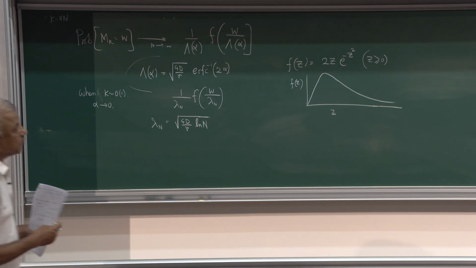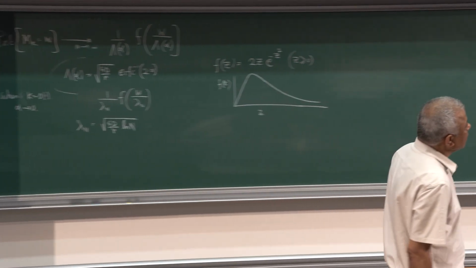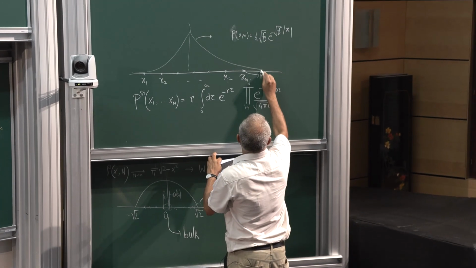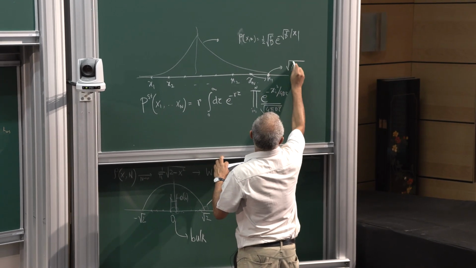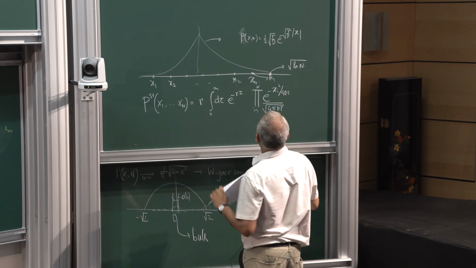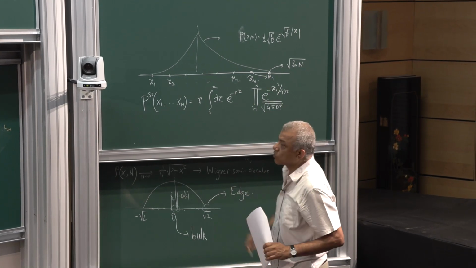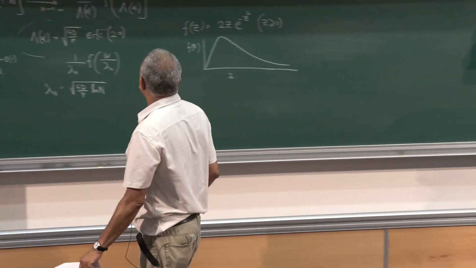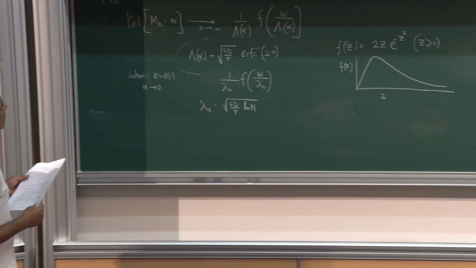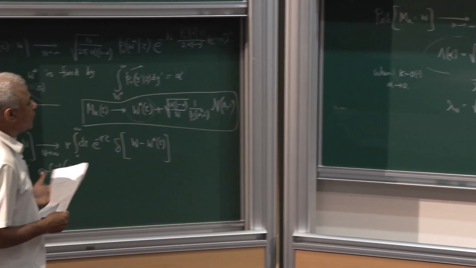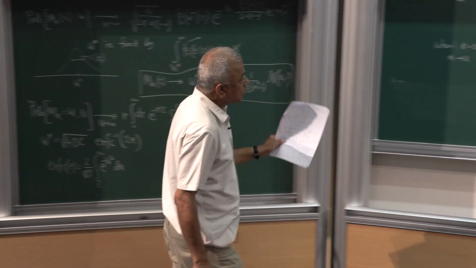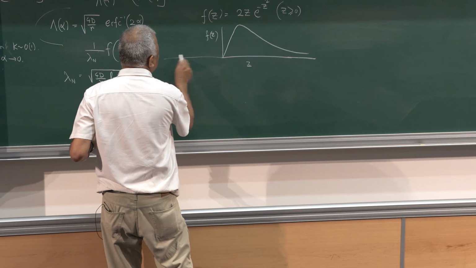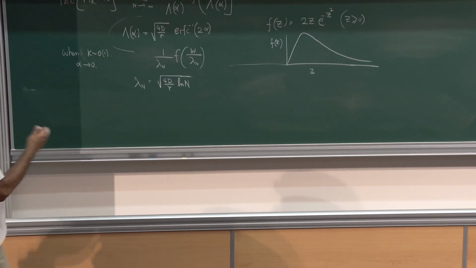square root of log n. So that means, in my gas here, the typical location of the rightmost particle scales like square root of log n, and its distribution is given by, first of all, it has zero support on the negative side.